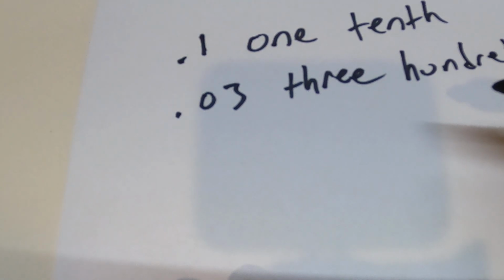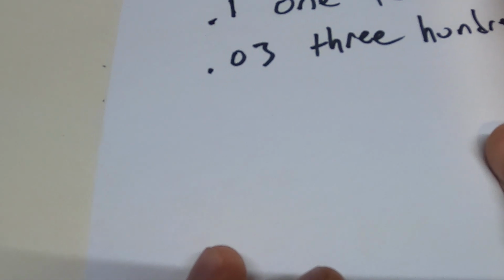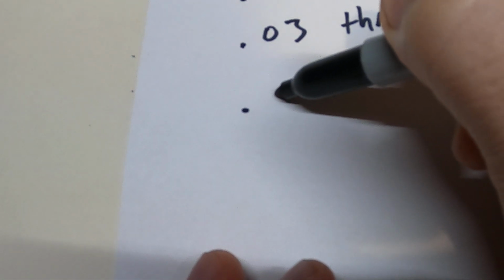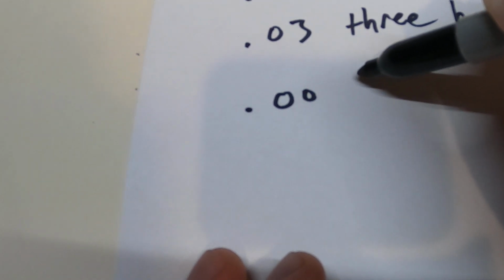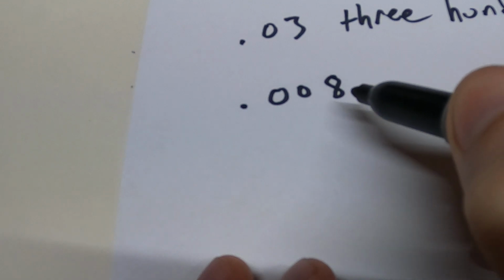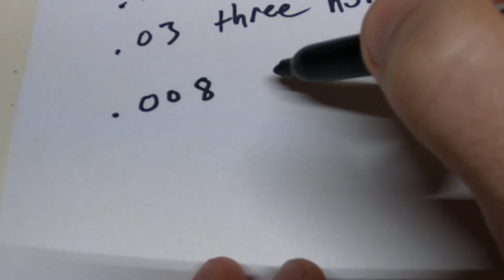Okay, so I have 3 pieces out of 100 to make a whole. And lastly, we will have, let's go 0.008. So in this case, I have 8 thousandths.